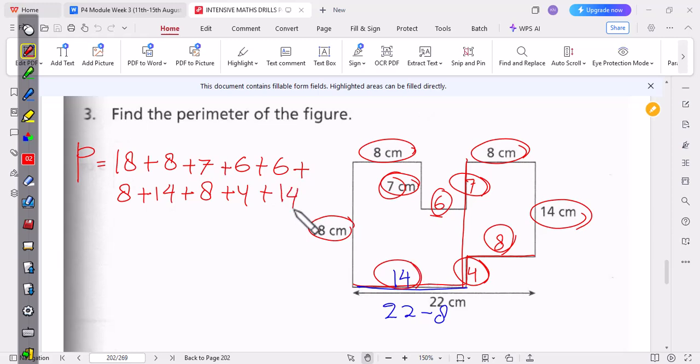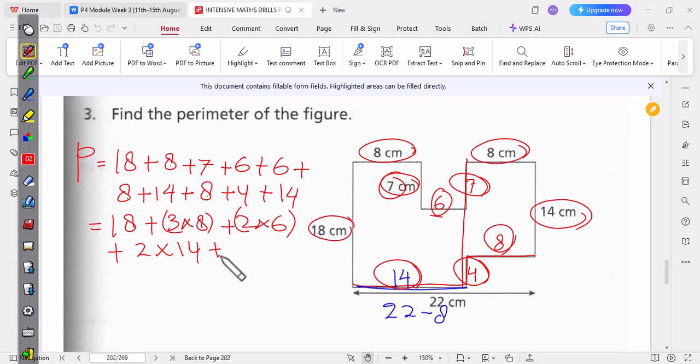Yeah, only that. So we will have here 18 plus 3 times 8, because we have three 8s here, right? And 2 times 6 plus 2 times 14. And we have one more here, 7. Oh, actually this 7 must be plus 2, right?